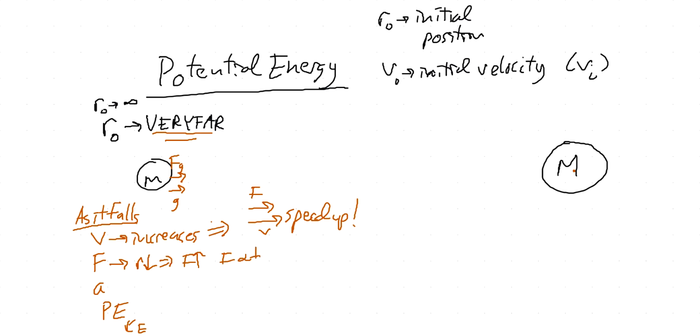That's the reasoning. Notice I'm doing this in shorthand. It'd be nice to write it out as a sentence, but the force increases because the radius decreases. Great. Acceleration, same as force, because those are the exact same thing.